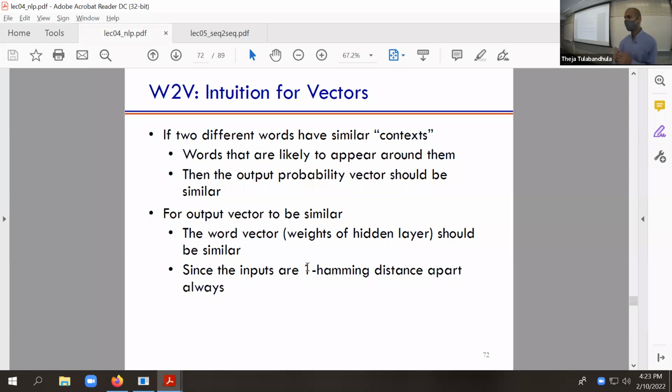Hamming distance is a distance measure typically for non-numeric things like strings, for example, DNA sequences. If you have a DNA sequence of length 10 and another DNA sequence of length 10, the number of places where they are different is the distance measure here. You look at the two strings coordinate-wise, whether they are equal or not, and the number of times they're not equal is the distance.